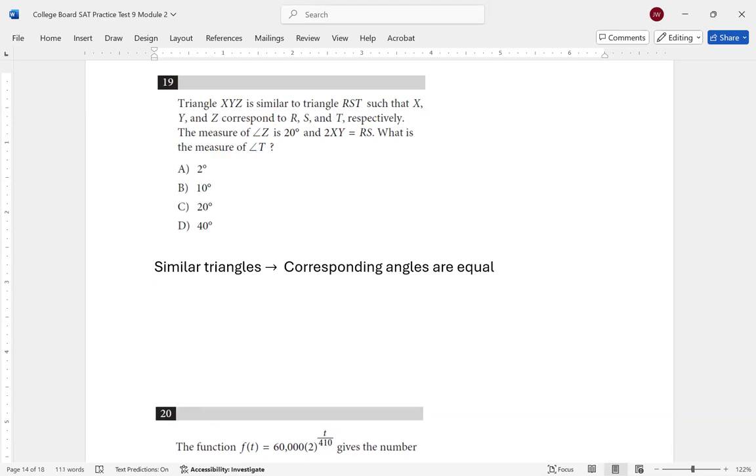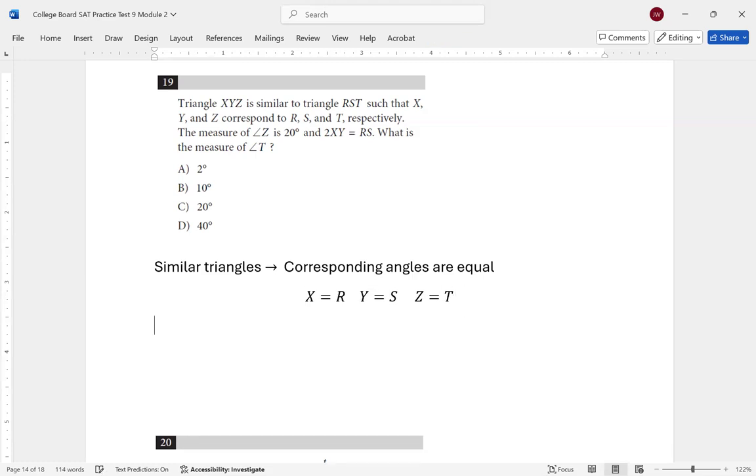So when it says X, Y, Z correspond to R, S, T respectively, that means angle X is going to be the same as angle R. Angle Y is going to be the same as angle S. And angle Z is going to be the same as angle T. If I know that Z is equal to 20 degrees, well, since Z and T are the exact same, then I know T has to also be 20 degrees.